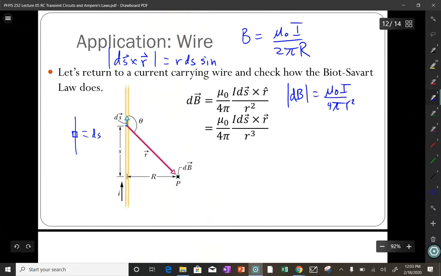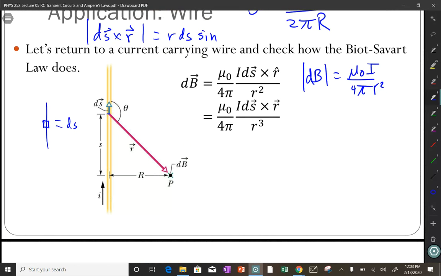It's important that you identify the angle here as the angle between ds and the R vector, which they already identified correctly. It's actually hard to go wrong, because it's sine: you could have used this angle or this angle and had the same outcome. This one is the same as theta, and this one is its supplement.